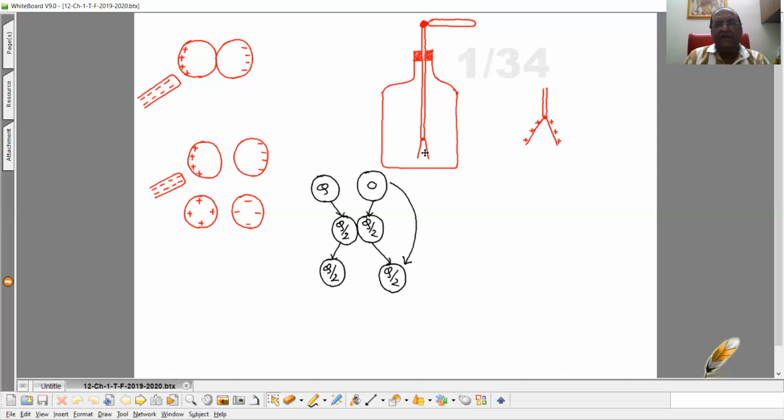Now negative charges are possessed by electrons, and electrons are free in metal. So these electrons will be attracted towards this rod. So negatively charged particles, electrons, will be accumulated at this particular end of the rod.